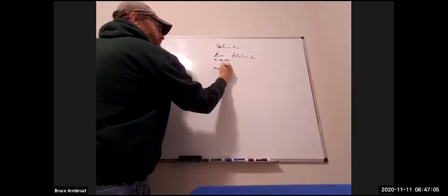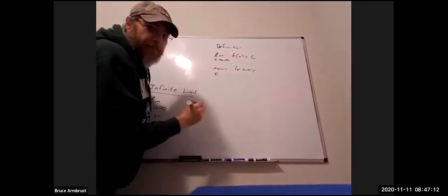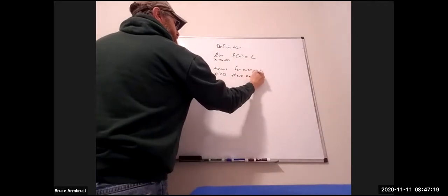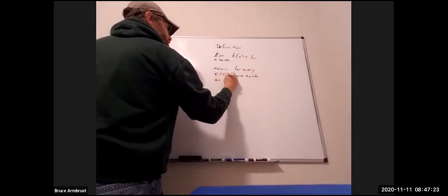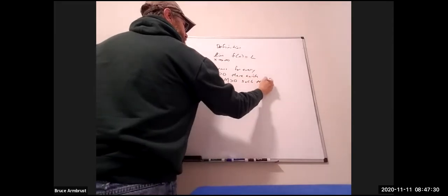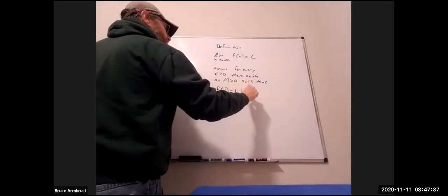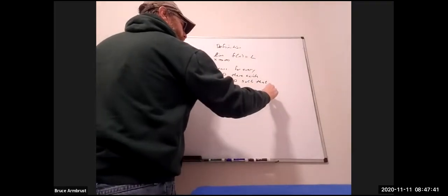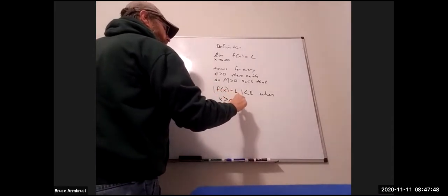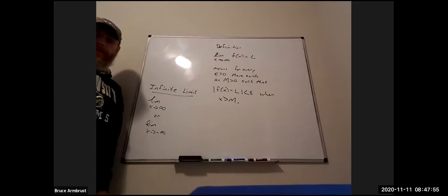What this means is that for every epsilon, yep, our friend epsilon's back, for every epsilon greater than 0, there exists an M greater than 0 such that the absolute value of f of x minus L is less than epsilon when x is greater than M. So I'm going to give you a second to write that down, and then we'll talk about what that means.